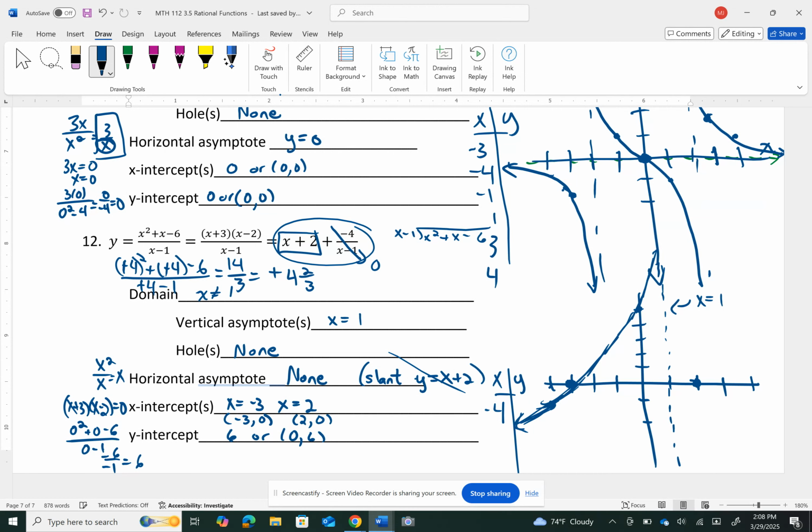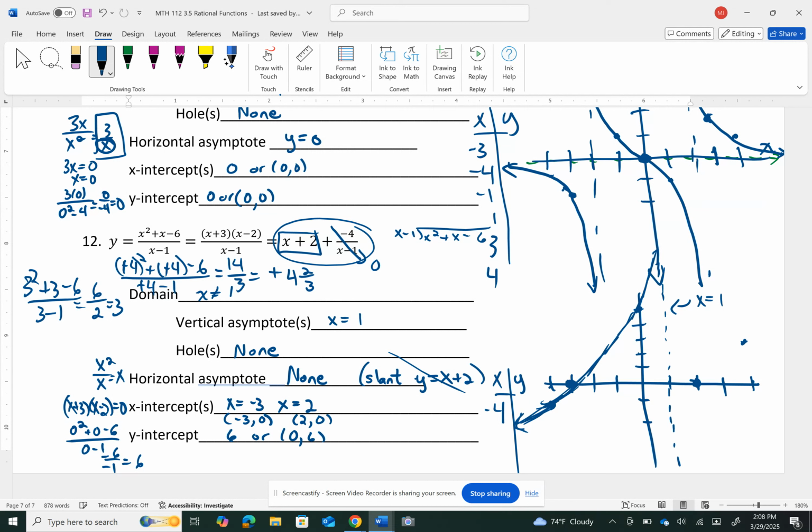So when I'm at 4, I'm going to be at 4 and 2/3. And if I were putting a 3 in there, then I'd have 3 squared plus 3 minus 6 over 3 minus 1. That would be 9 plus 3 is 12 minus 6 over 2. That's going to be 3.